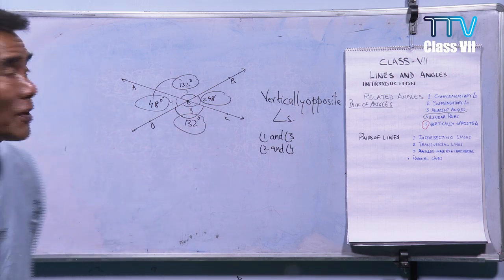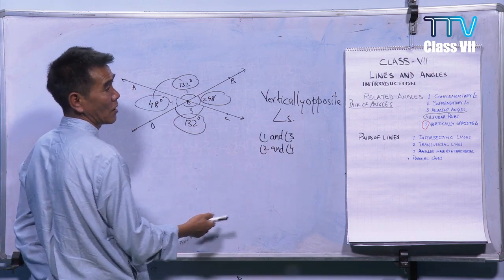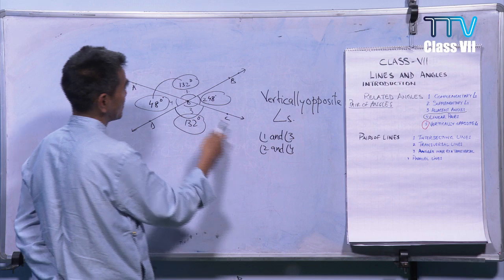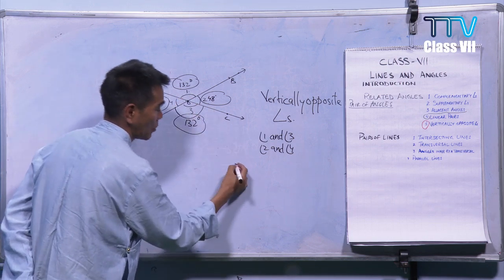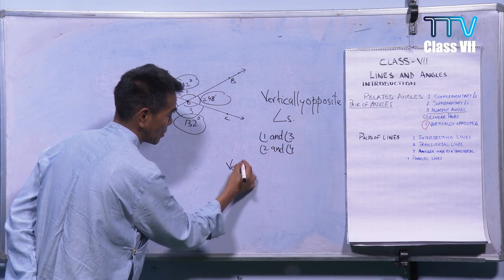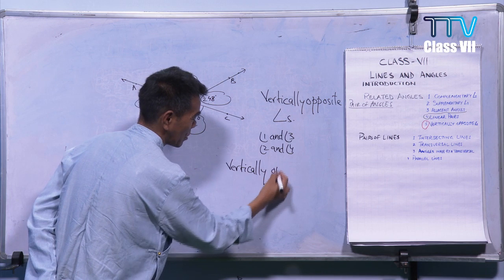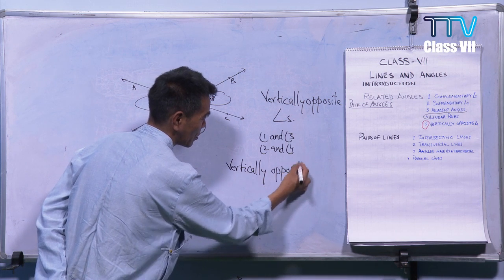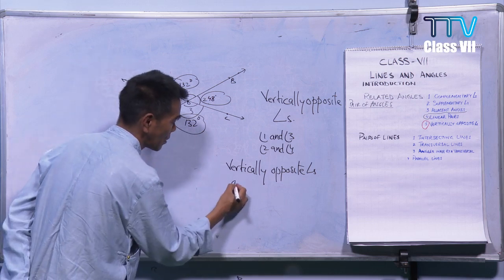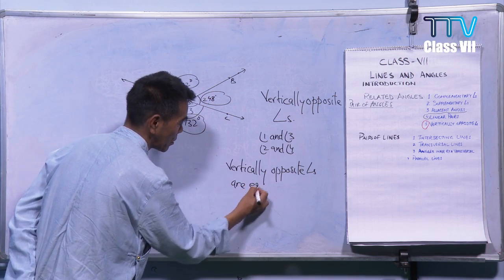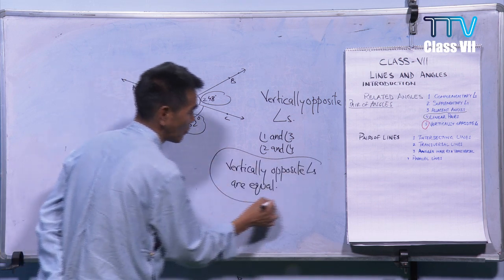In the figure, angle 1 and angle 3 are vertically opposite angles, with measurement 132 and 132. When two lines intersect, vertically opposite angles are equal.